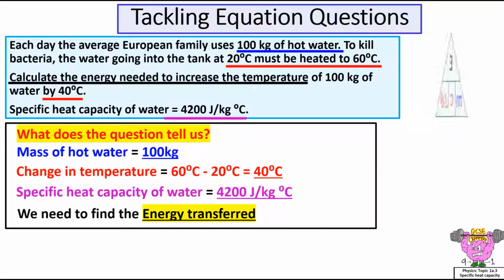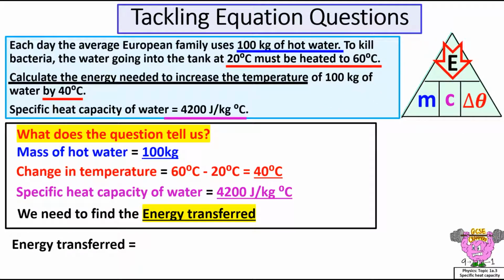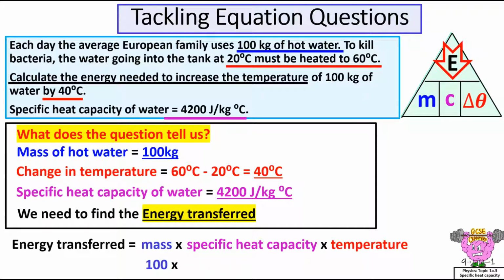The equation for energy transferred is mass multiplied by specific heat capacity multiplied by temperature change. Substitute the figures: 100 multiplied by 4,200 multiplied by 40. Do the maths and it equals 16,800,000 joules.